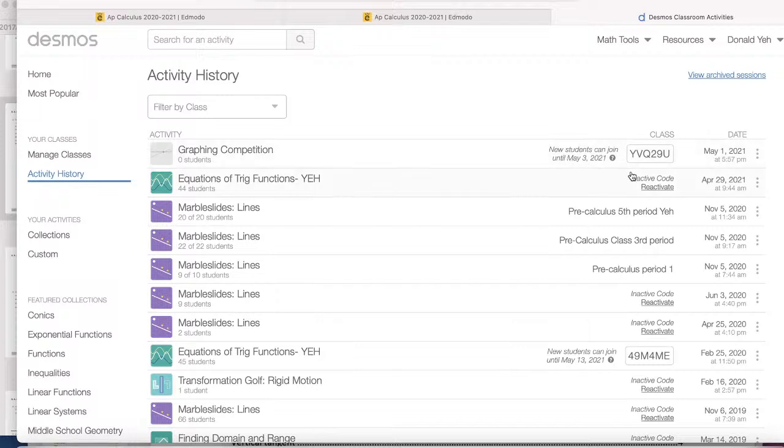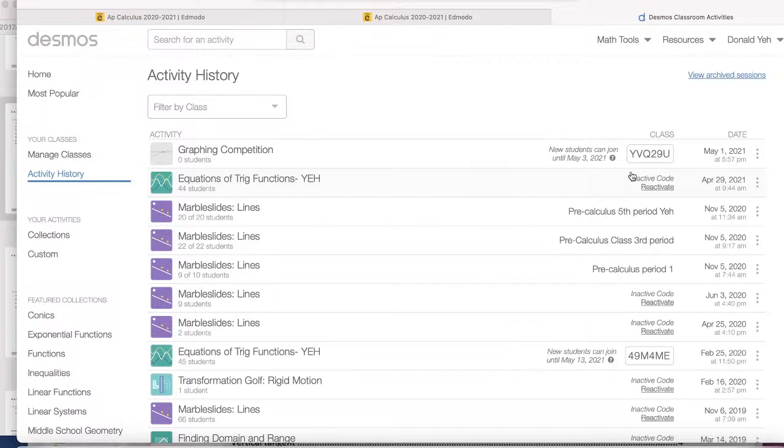And you're going to enter the code, which is YVQ29U. Let me write it down for you. You're going to use your name and log in, and you have to log in to Google first. So first of all, you have to use your Google account.